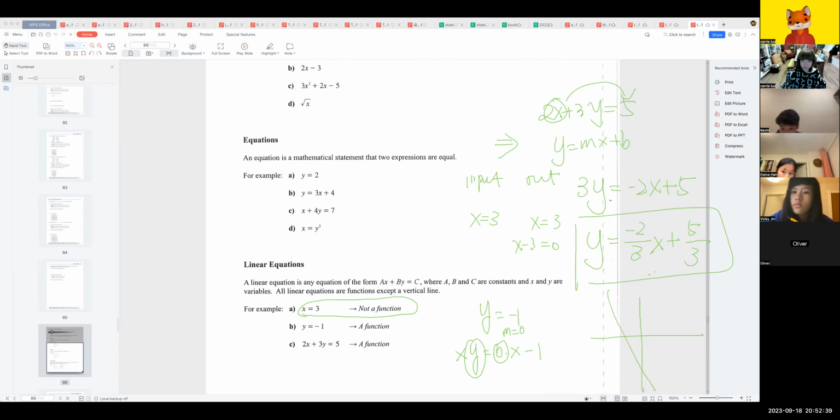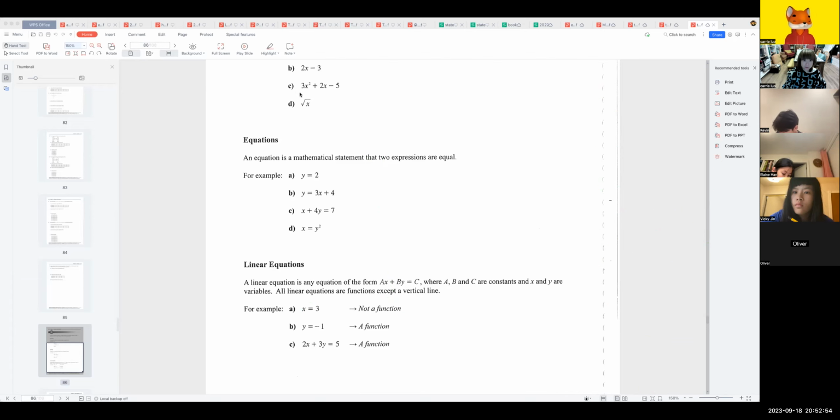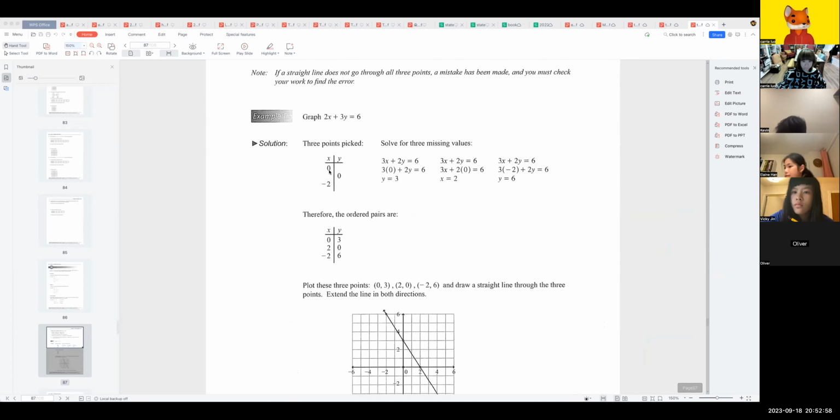The line is like that. No, the line is not like that. The line is like that, but it's positive 5 over 3, so it's like that. Correct, everybody? So the more we practice little by little, the stronger you're going to feel, oh, how we get it. You're going to feel it, okay?